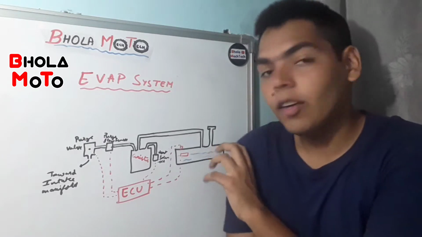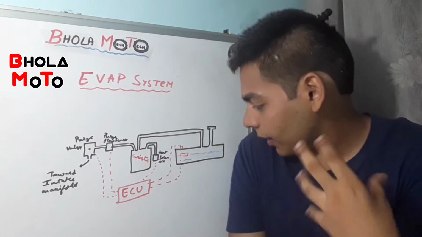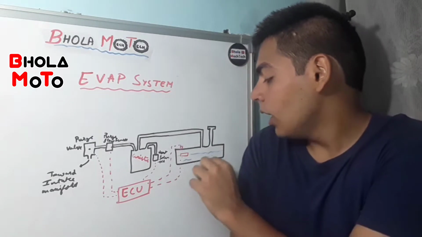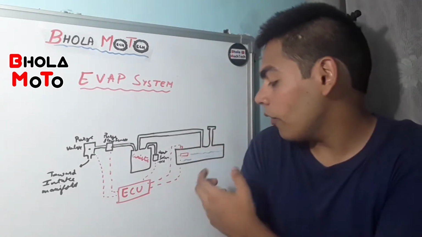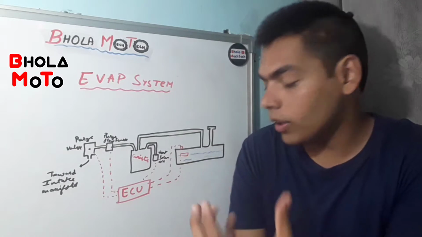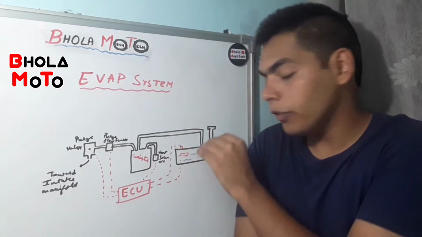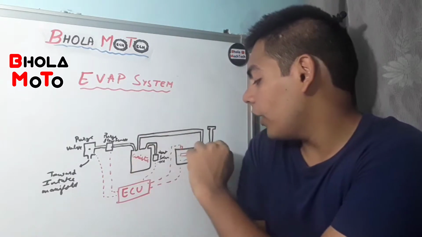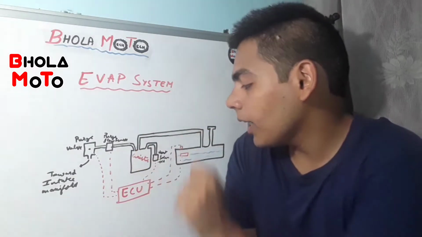Whenever your car is parked in high temperature or hot weather, the fuel will start evaporating, and after some time, these fuel vapors will start escaping from this vent towards the carbon canister.